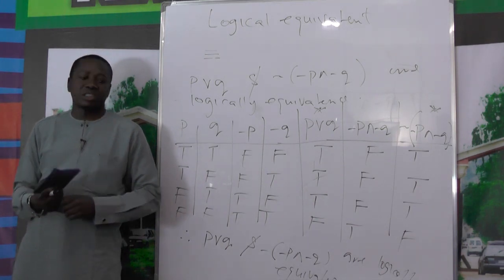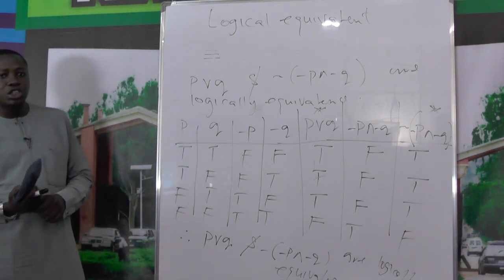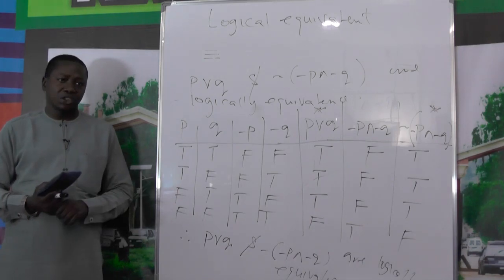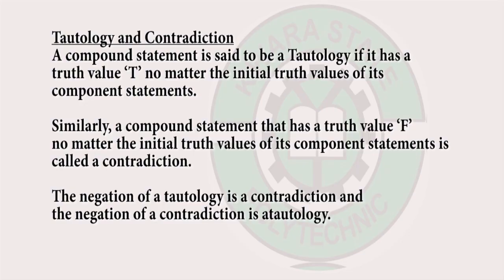So now this leads us to tautology and contradiction. Tautology. A compound statement. I believe you don't have any issue with compound statement again. A compound statement is said to be a tautology if it has a truth value T, no matter the initial truth values of its component statements. What do you mean by this? Maybe you are given a question and you draw your table.